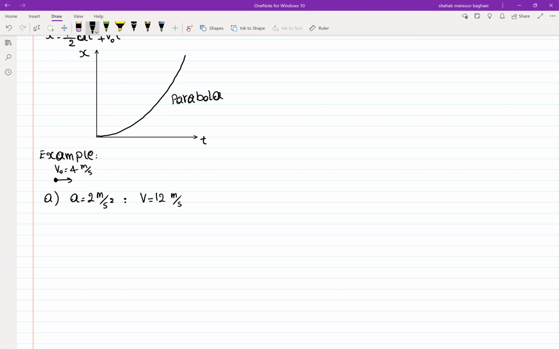In other words, if V is 12 meters per second for this particle, what is the T value? This is part A. Part B. If A is 2 meters per second square, after 5 seconds, what is the displacement traveled by this particle? This is part B.